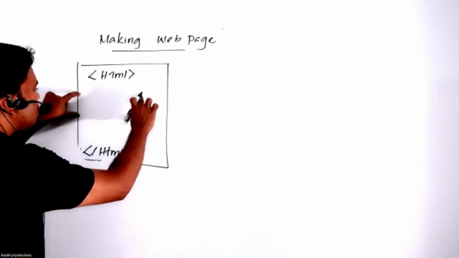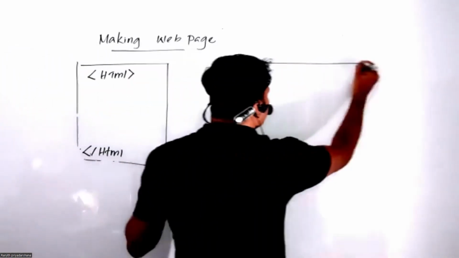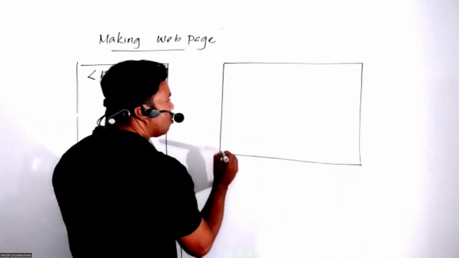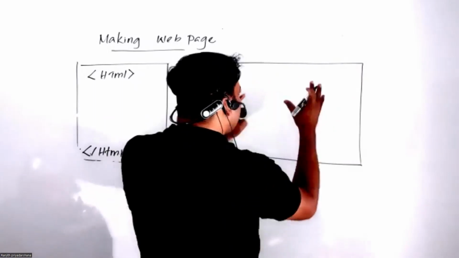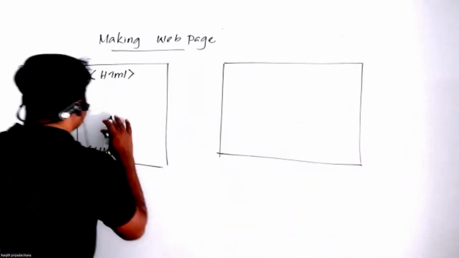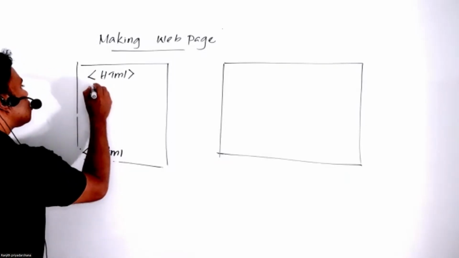And inside this, there are two parts. That's what you can see in your web browser. When you open your browser, what appears like Google, that kind of display window, if something is to be displayed, must be in head and body, right? There are two parts here.